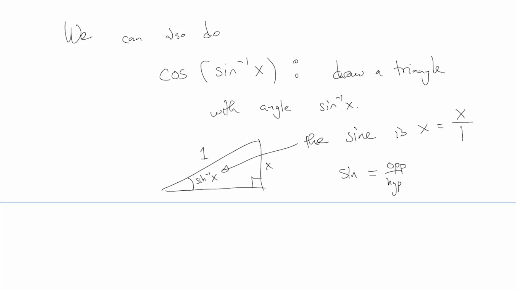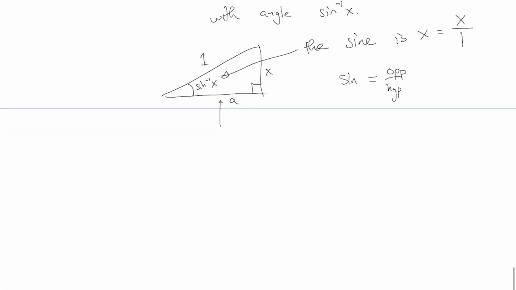And then there's another side, the side on the bottom, which actually I don't know what that side is, but that side we can determine now using the Pythagorean theorem because we know the other two sides. So this side right here, maybe I'll just call that a temporarily. We can find this side with the Pythagorean theorem.